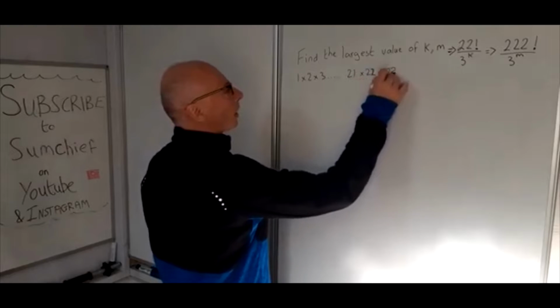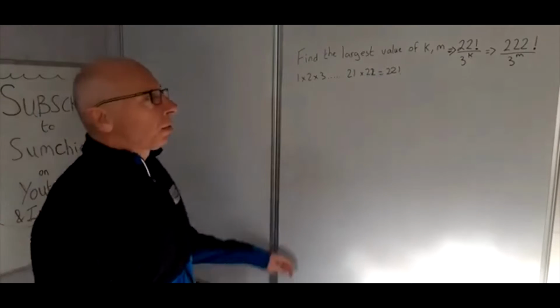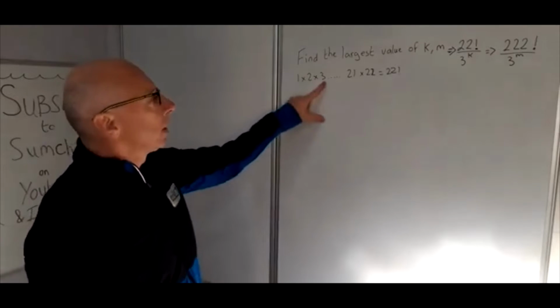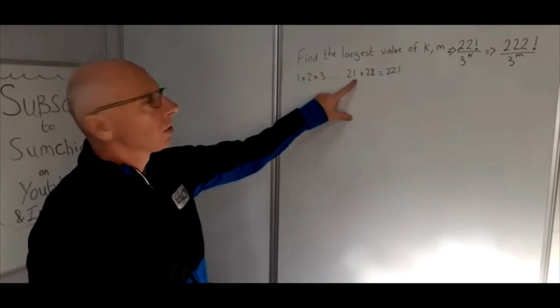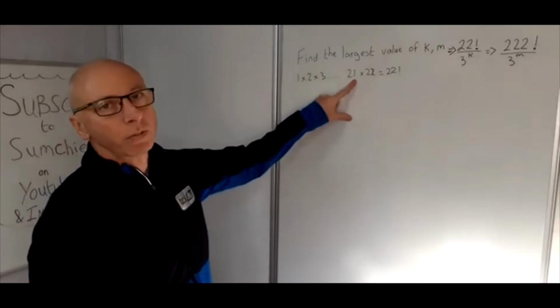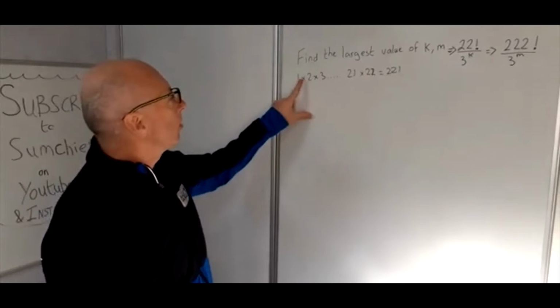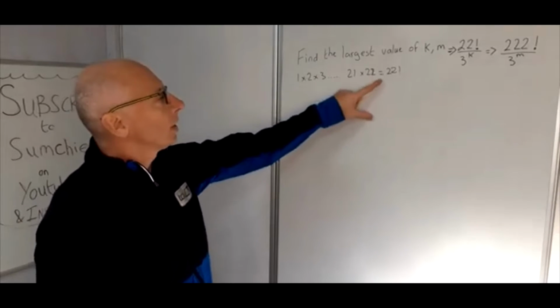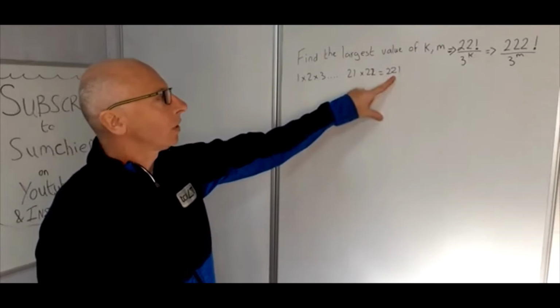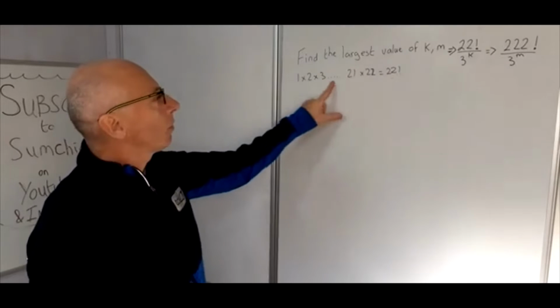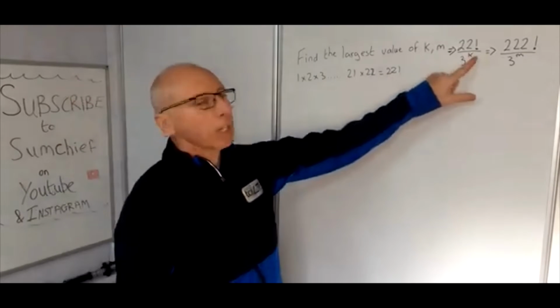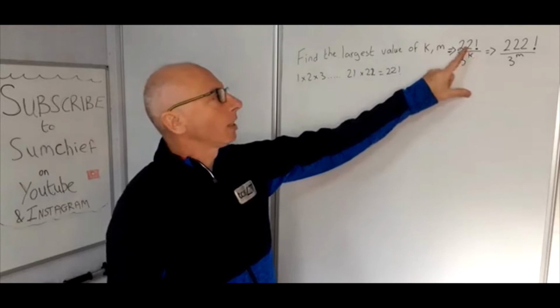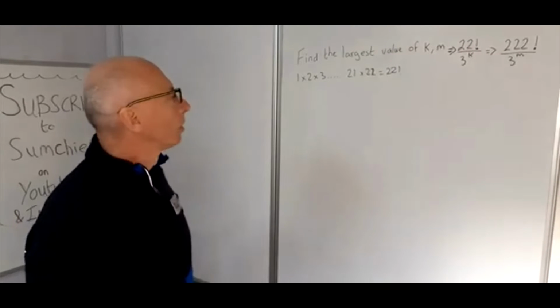When we divide by a multiple of 3, such as 3 and 21, we know the answer will divide by 3. But multiplying by 2 and 22 is not going to affect whether this is divisible by 3 or not. So what we need to do is find the numbers in here that are divisible by 3 when we work out 22 factorial.